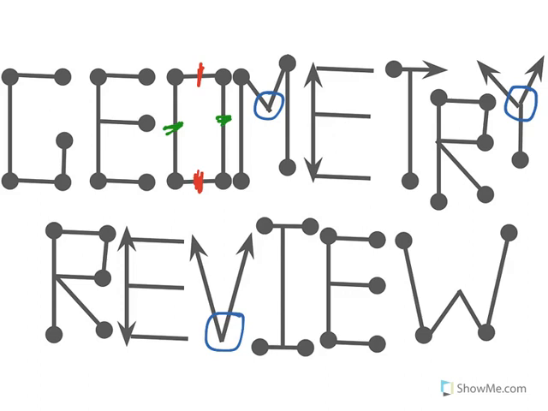One more. Do we see any perpendicular lines, maybe in the word geometry or in the word review? If I were looking for perpendicular lines, I would say that perpendicular would be right here, where the I meets its base, or right here, where the top of the T meets its base.